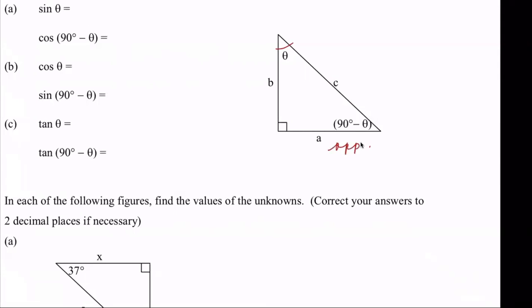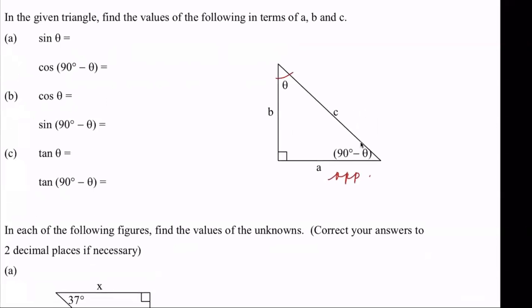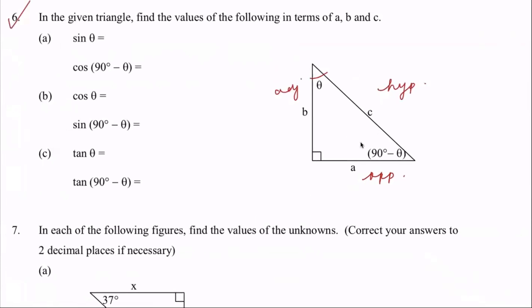So A is the opposite side, B is the adjacent side, and C is the hypotenuse, right? So sine theta is equal to O over H, which is equal to A over C.